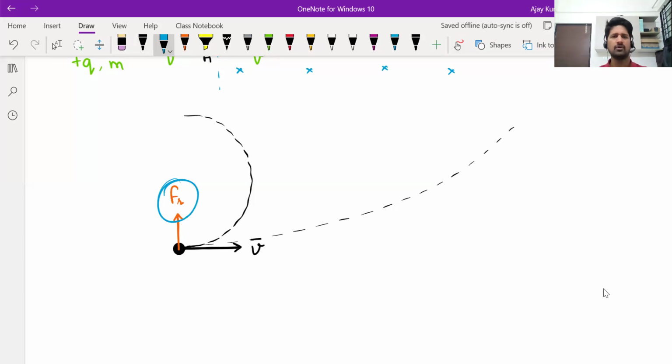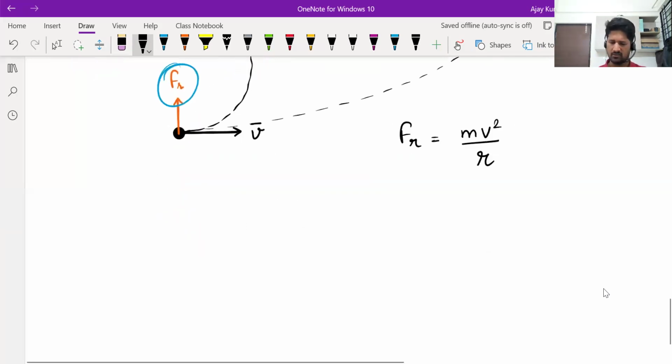This is generally true for any curved path. At any instant, if you want to find the radius of curvature, you need to know how much force is acting perpendicular to velocity. You can equate that radial force F_r to mv squared by r. From there, you will get the radius of curvature at that moment.